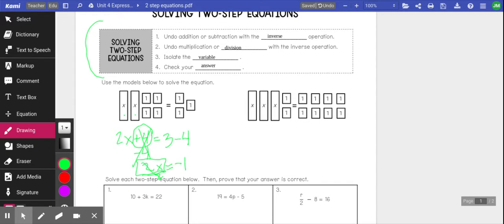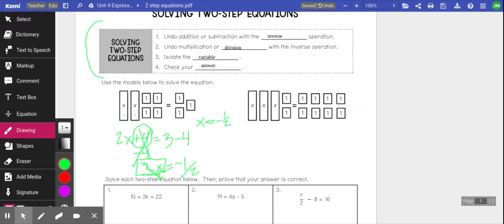Okay, canceling out those 2's. And I have to divide over here by 2. And I'm just going to point out at this point that if I were to write this down again, that would look like x equals negative half. I could truly stop right here. I have my answer. Or I could divide negative 1 by 2, which would give me a negative half or a negative 5/10 as a decimal. A lot of ways to look at it.